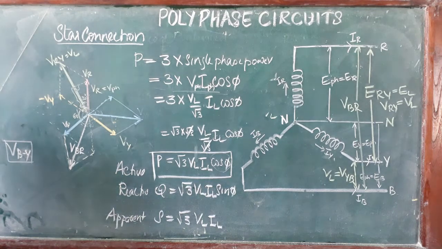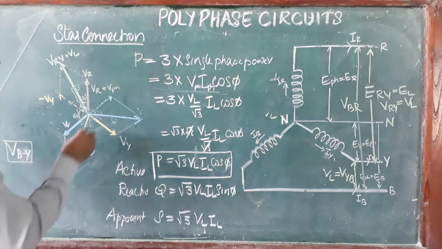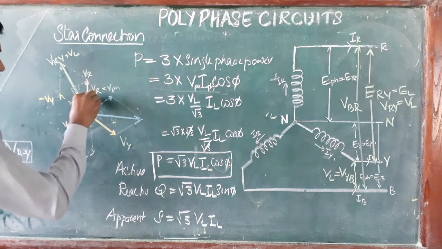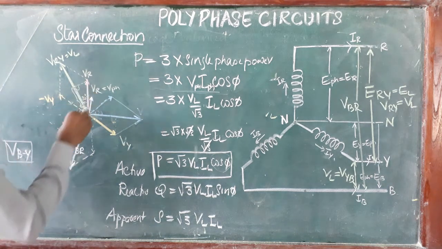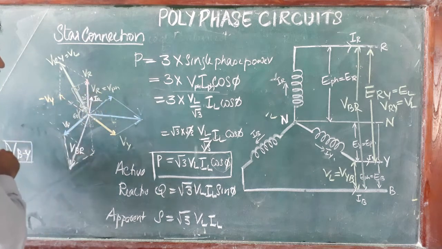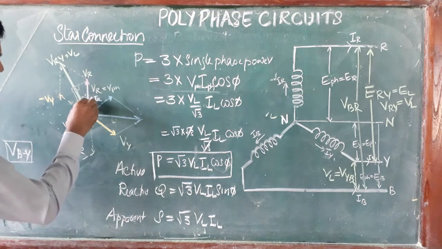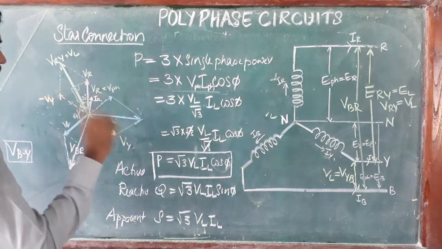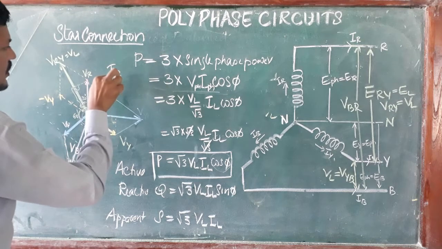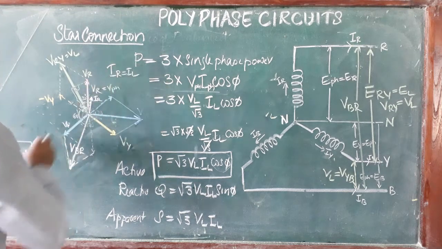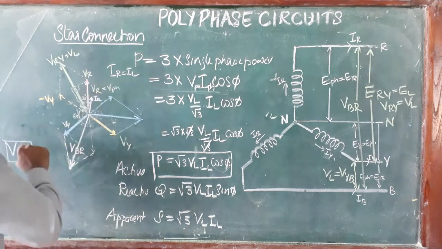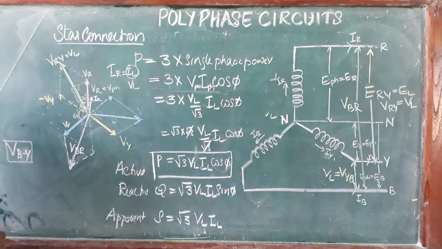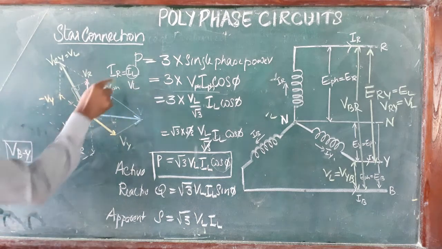Here one more thing. Suppose we take IL or I phase here, so IR is lagging by some angle phi. So IR equals IL, or IR equals I phase, that is IL. So the line current is equal to the phase current.